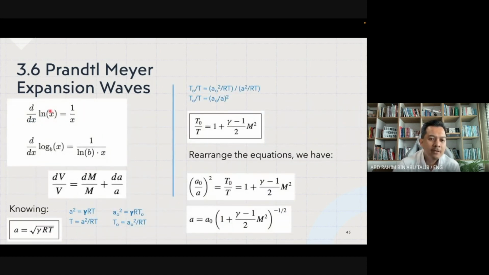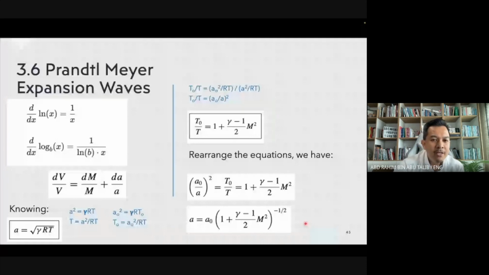Solving the expression, from here you can also have dv over v equal to dM over M plus da over a, knowing the speed of sound is the square root of gamma RT, right? Rearranging everything, and from the earlier expression in chapter 2, we have this expression.